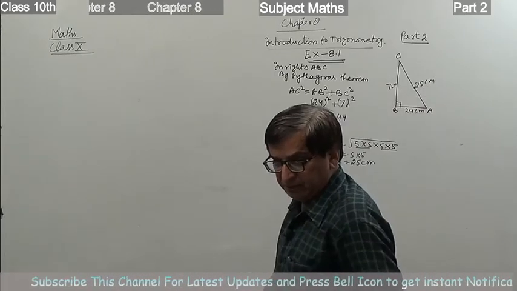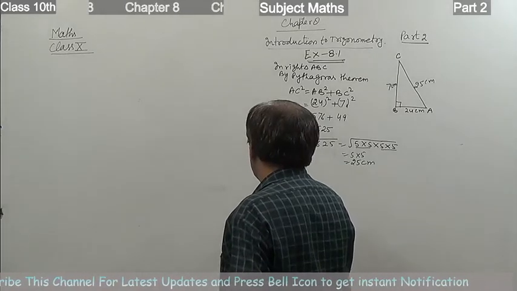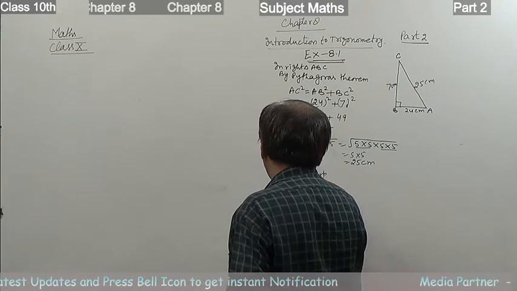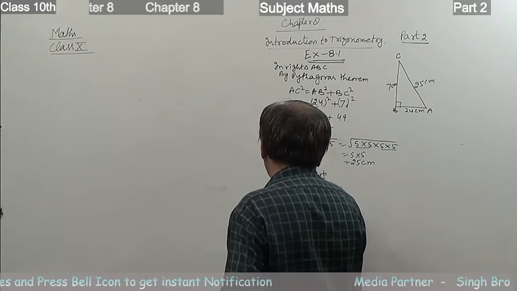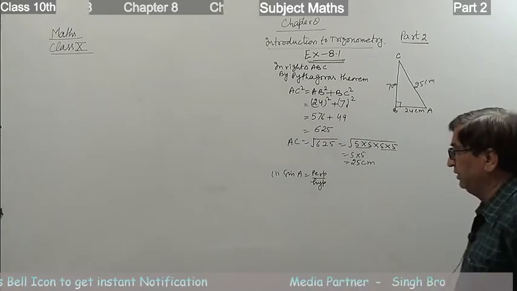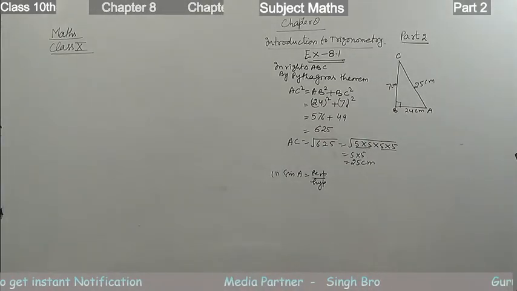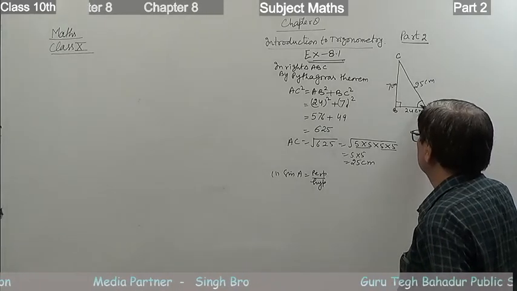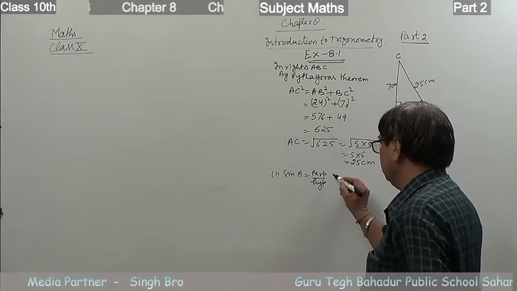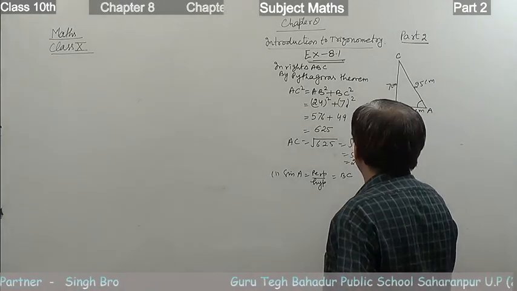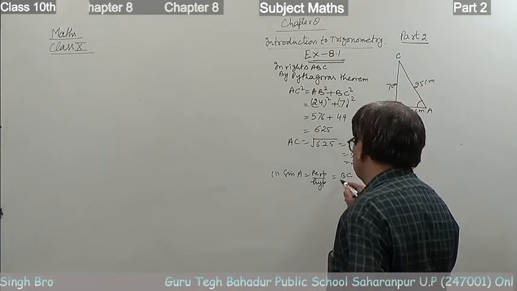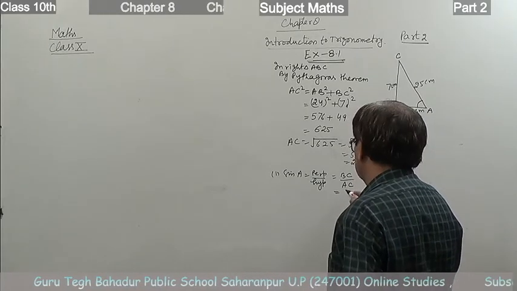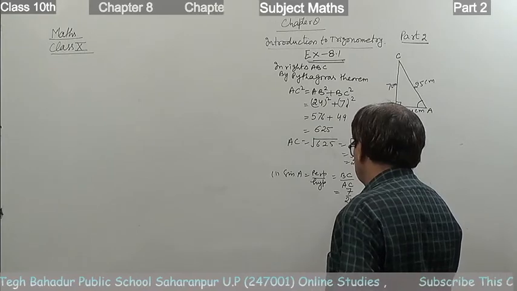Now find out first part, sin A, that is perpendicular to hypotenuse. I have already told you these formulas. Perpendicular for angle A is BC, hypotenuse is AC, and its value is 7 upon 25.